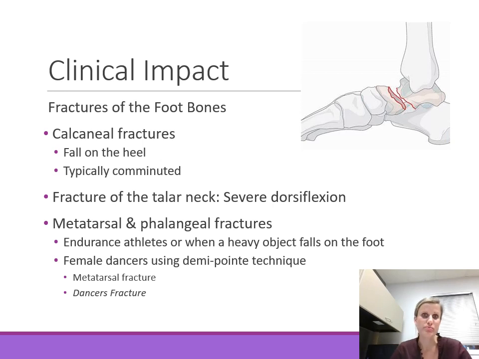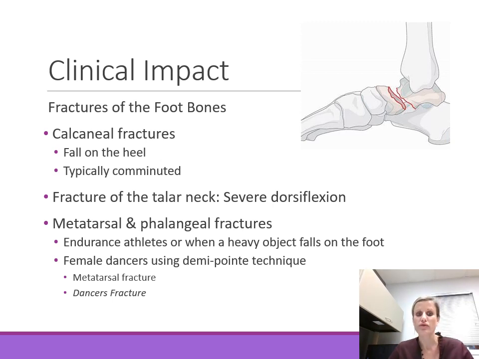There are numerous bones in the foot and ankle that can be broken. If you think about in each foot, you have 7 tarsal bones, 5 metatarsal bones, and then numerous phalanges, right? 3 phalanges in each toe, 2 in the big toe. So there are quite a few bones that can be broken.